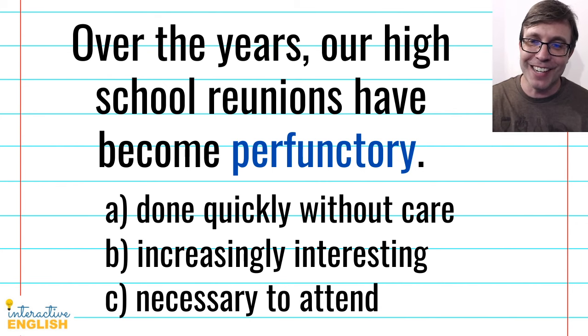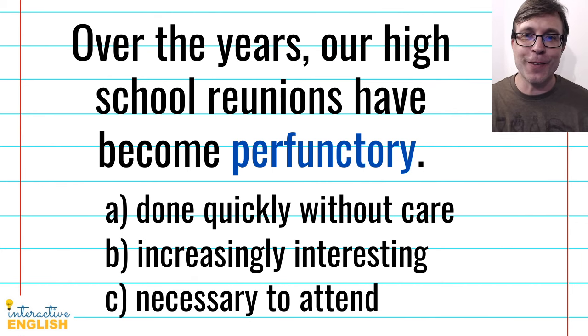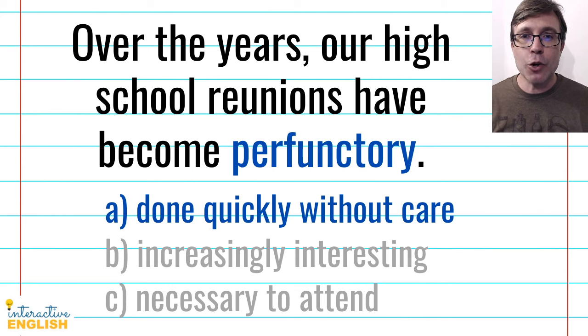All right, yes, this one, I can see it. There are a little more mixed responses here. But yes, Tan, Sai, Ruma, DHS615. So if you describe something as perfunctory, it means A. It is done quickly without care.